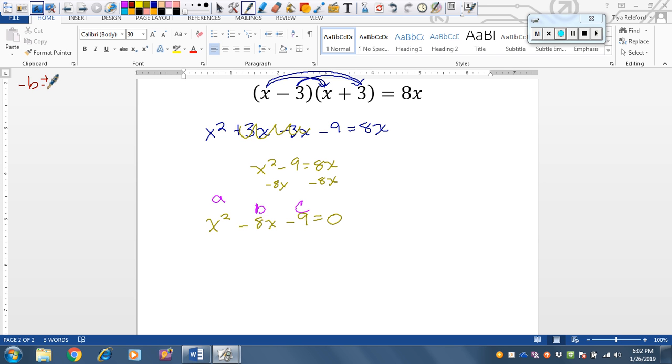Negative b plus or minus. So when I do my formula, negative b, negative 8 is positive 8. Negative 8 squared minus 4, that's another 1, times 1 times negative 9, divided by 2 times 1.